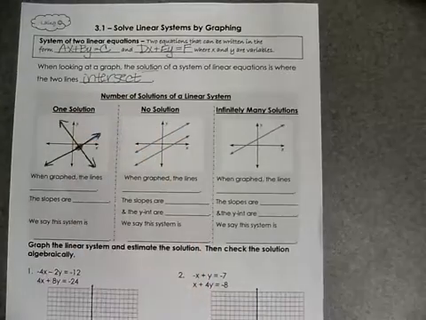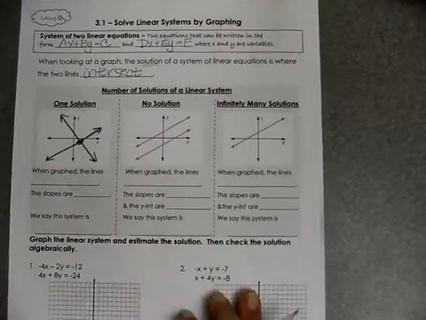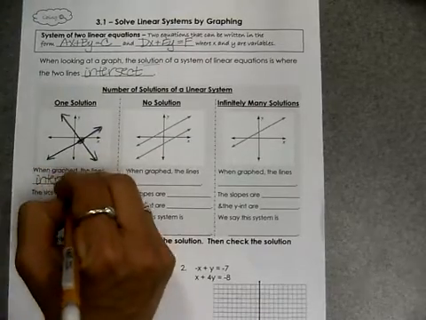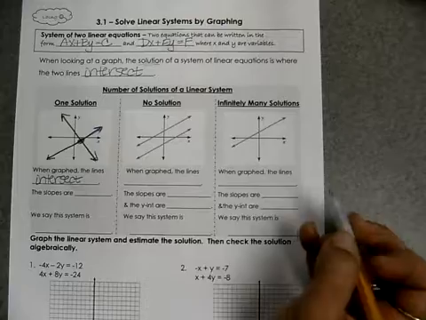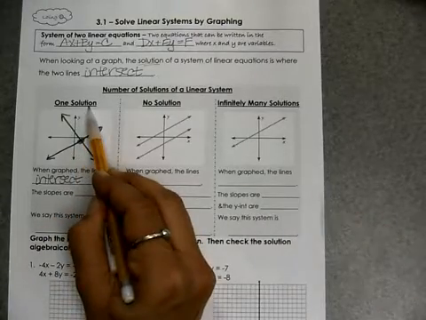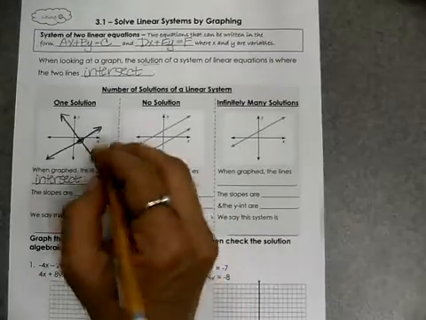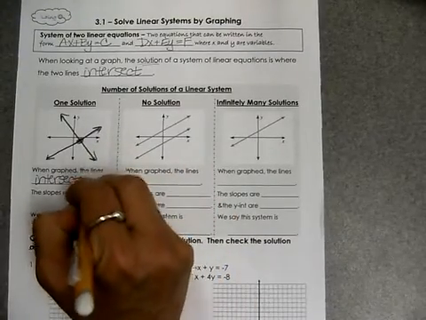So when we graph it, these lines intersect, and so we have one solution. In order for the lines to intersect, the slopes have to be different.